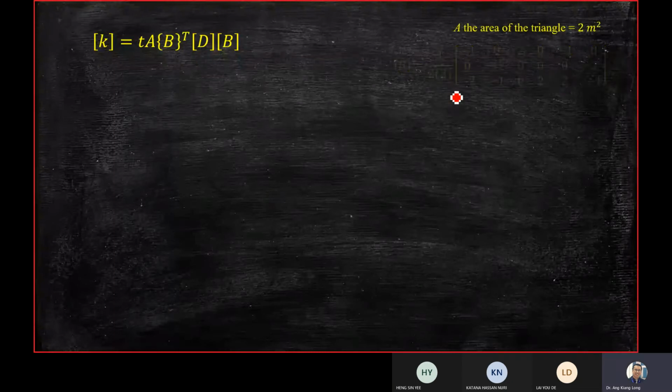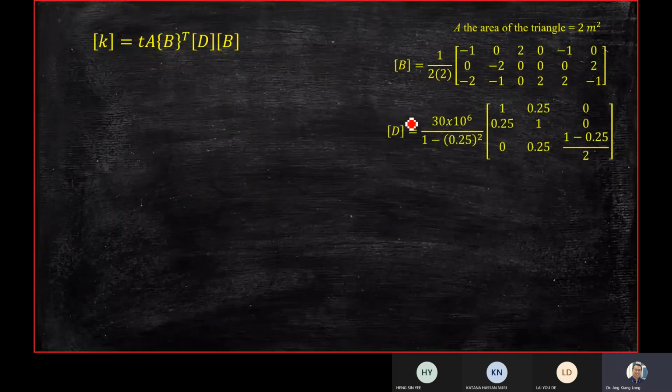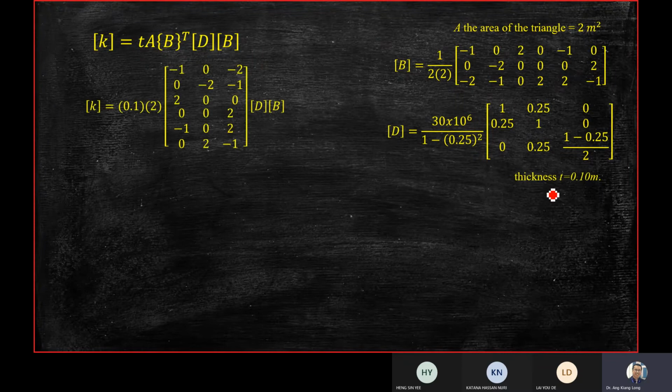I just show you the steps. So you get the B, you get the D, thickness you have. Once you calculate using the calculator that I show you, you take the 1 minus 1, 2, thickness is 0.1, area is 2. Matrix transpose, sorry for the sign, this one should not use the curly shape, it should be the bracket.